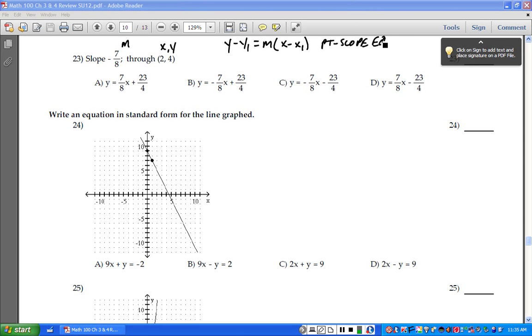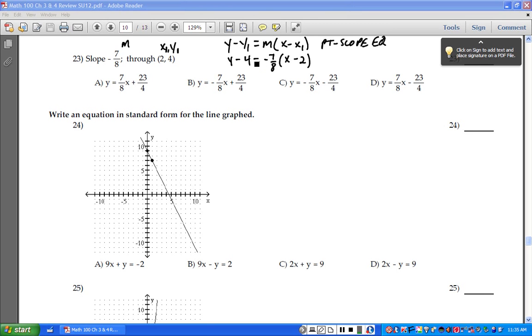Point slope equation says now this is x1 and this is y1. So I have y minus y1 equals m times x minus x1.